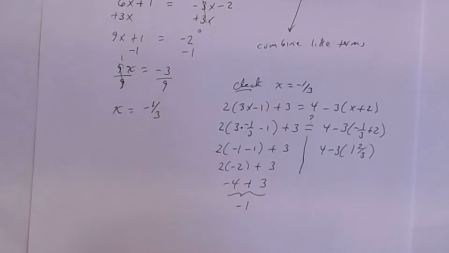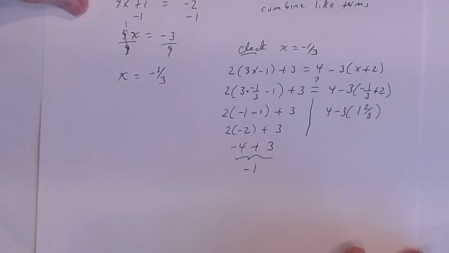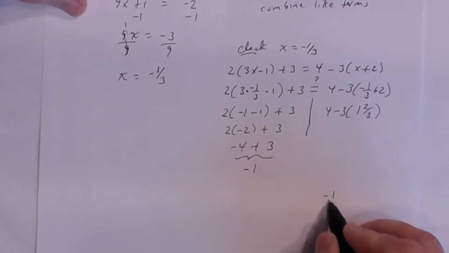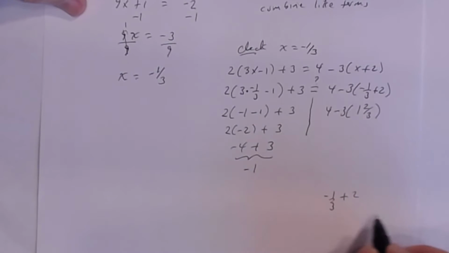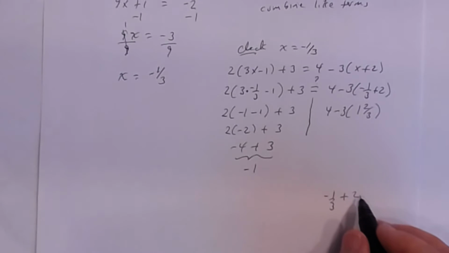You're just adding fractions. So I'm going to go ahead and do that here. Okay, so negative 1/3 plus 2, right? So this is a whole number 2. I'm subtracting 1/3 from that. So I'm left with 2/3 from 1. So 1 plus 2/3 is 1 and 2/3.